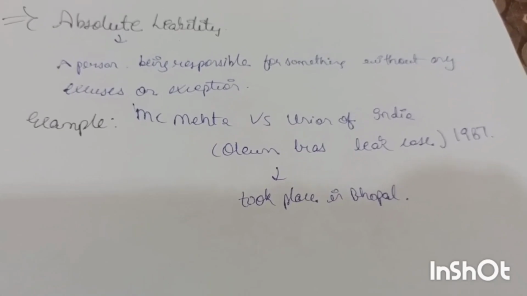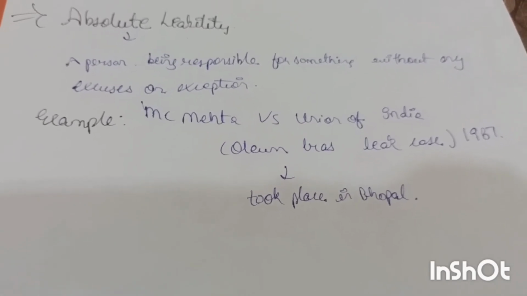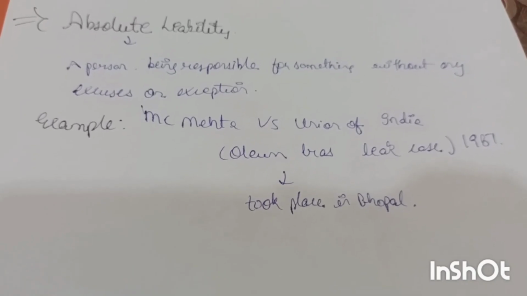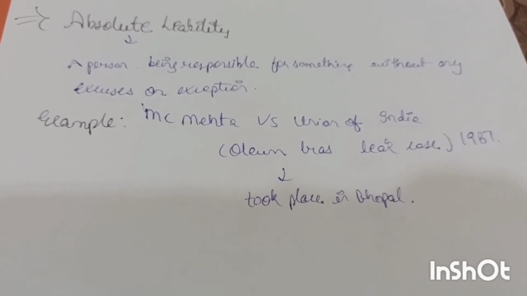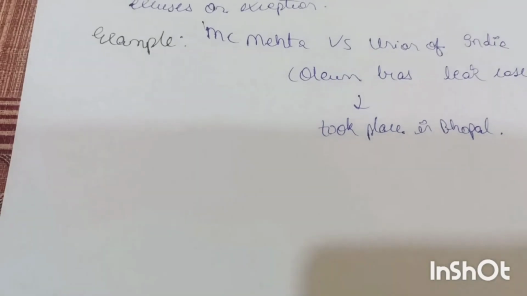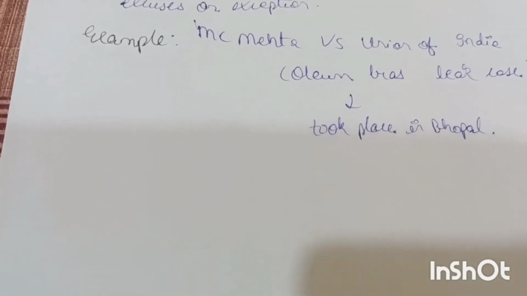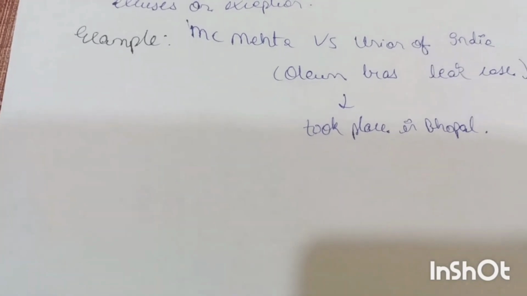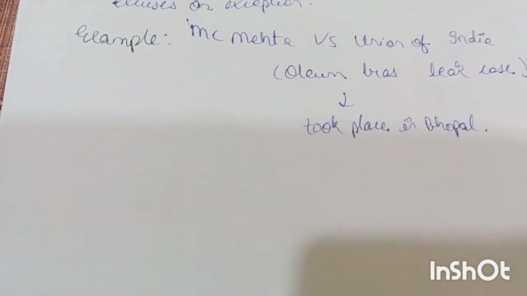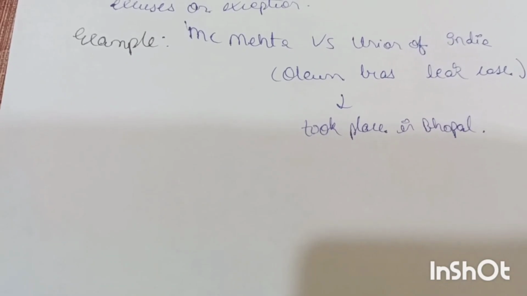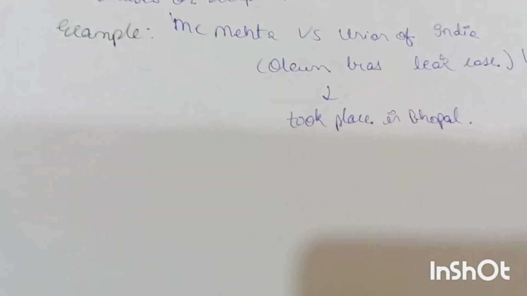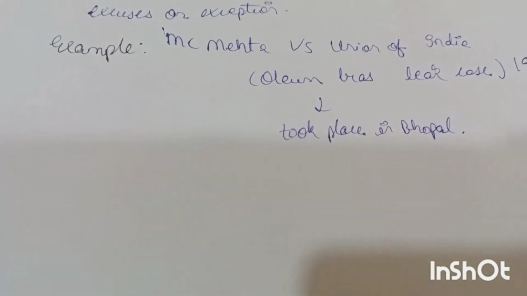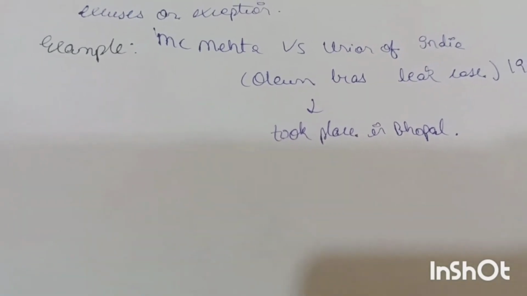The lawyer MC Mehta went to the Supreme Court and filed a PIL. The result was in favor of MC Mehta, and the highlights were that we have to protect our environment, and industries engaged in any hazardous activities will be absolutely liable for any harm caused in society, and they have to pay compensation. So this is what happened in this case.